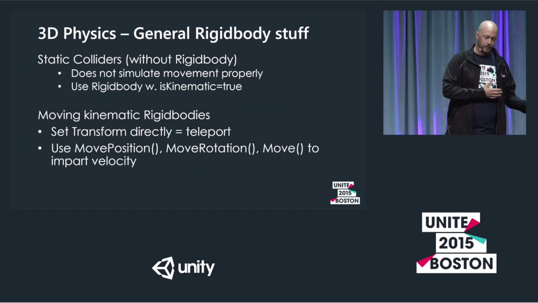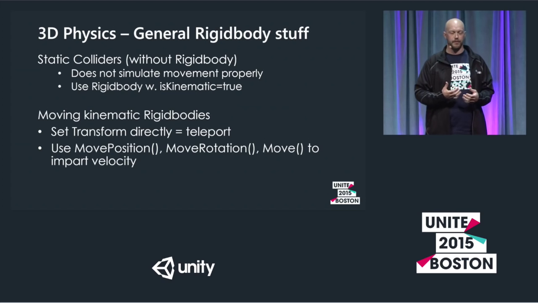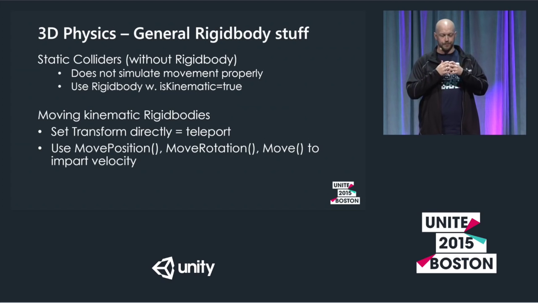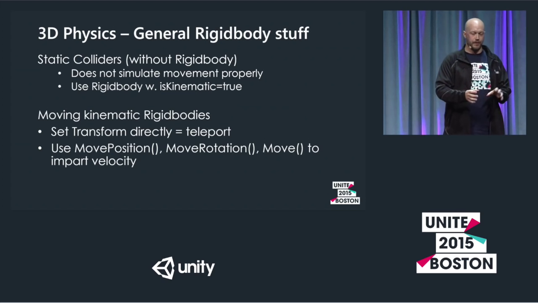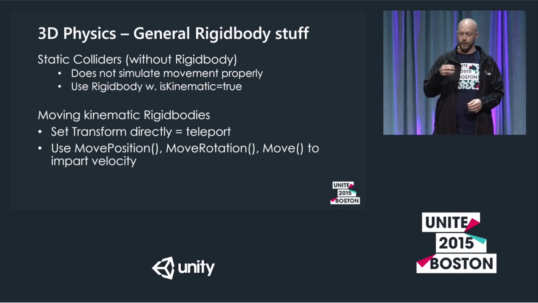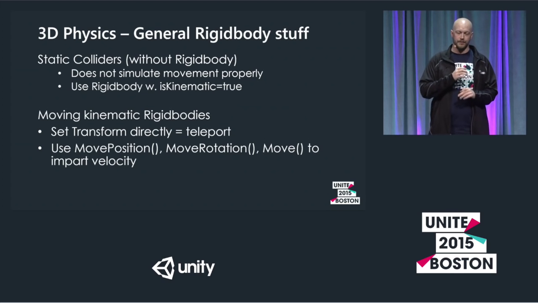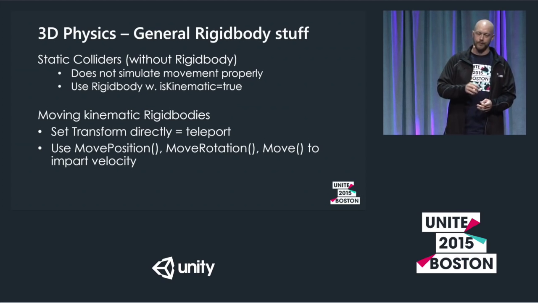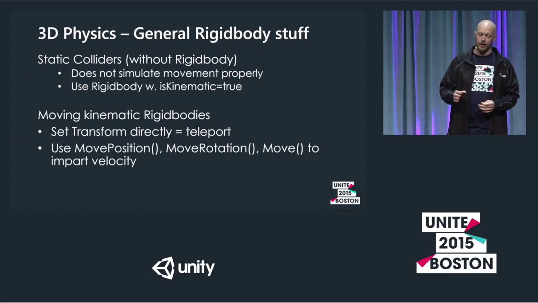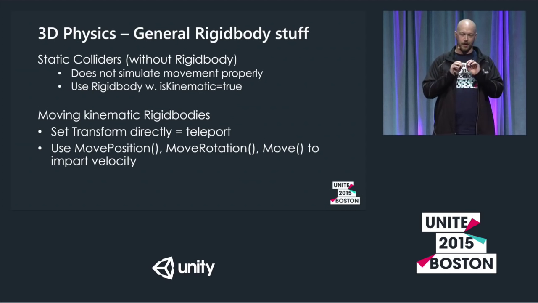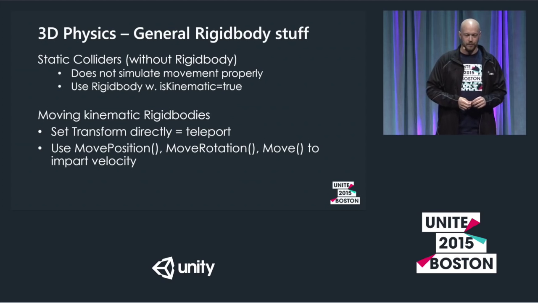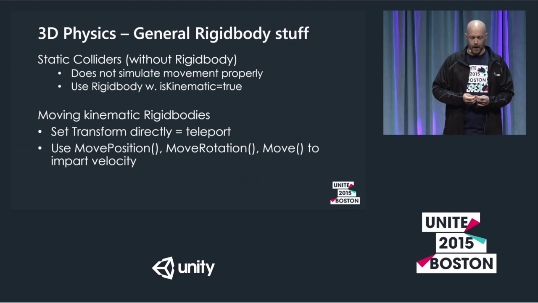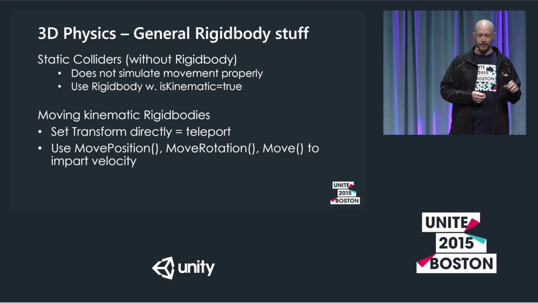In Unity 4, we usually had problems with people moving static colliders around, and that caused a lot of performance spikes. This has been fixed now, so you are free to move your colliders around. However, I do not advise you to do that because the other objects in your world cannot see that your colliders are actually moving, because static means does not move.